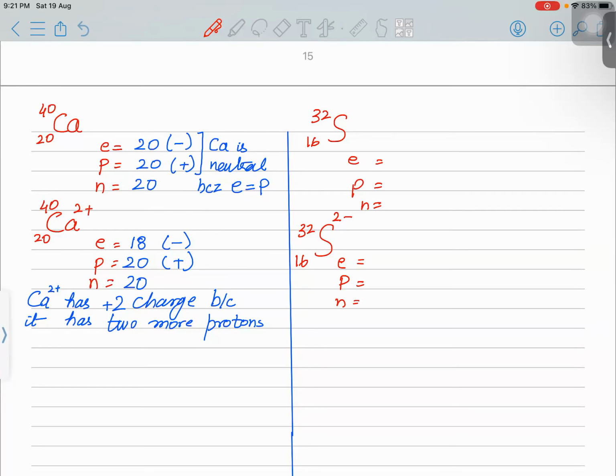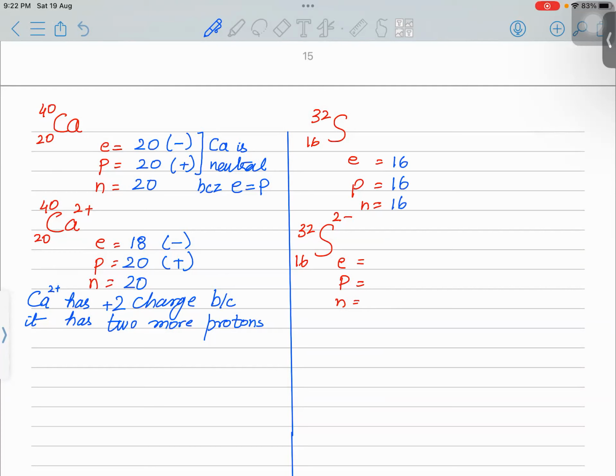Yes, have you done? Sir, sulfur 2 minus has a minus 2 charge because it has 2 more electrons.